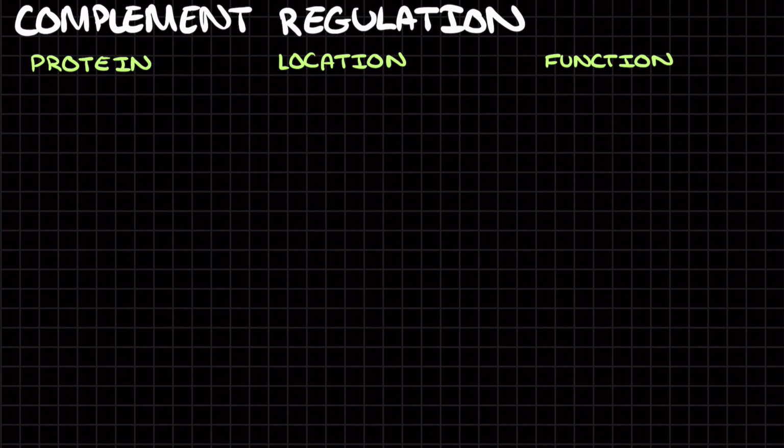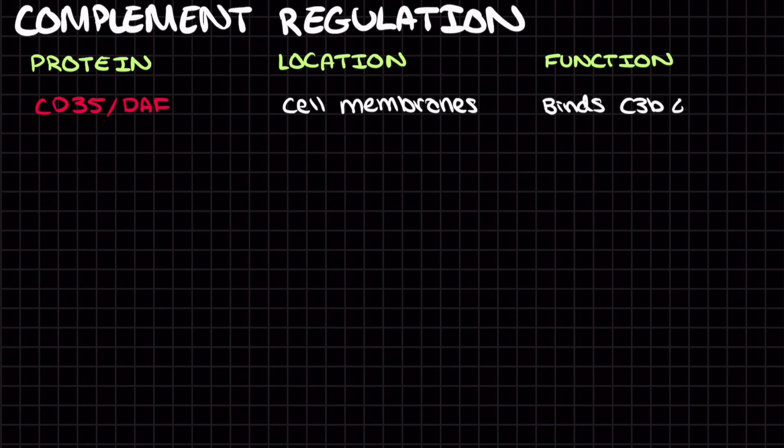And as you can see here, we have a bunch of different proteins found in various locations that will serve different functions. The first one we're going to discuss is one that is known as CD35. CD35 is also known as decay accelerating factor, or DAF. DAF is found on cell membranes and its mechanism of action is that it binds C3b and C4b.